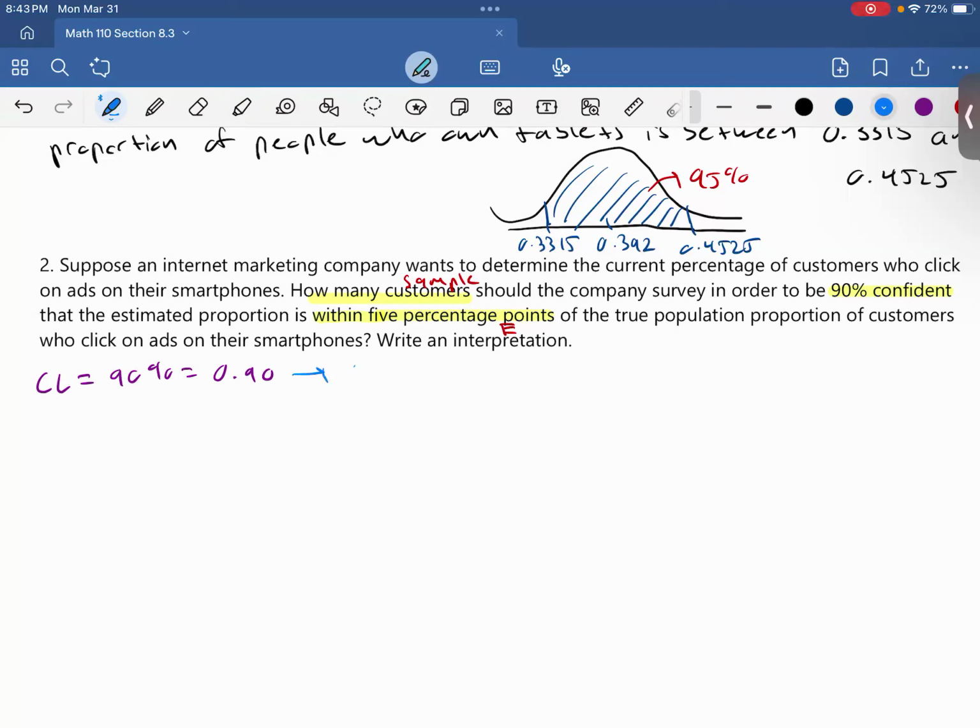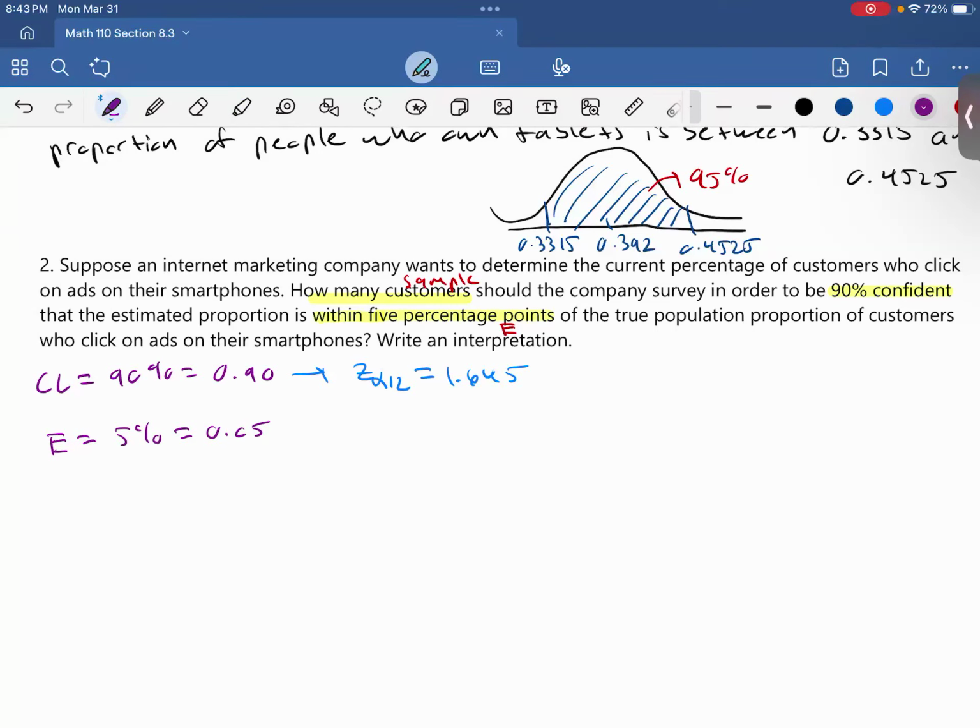This gives us a critical value of 1.645. So 1.645 is a critical value for a 90% confidence level. And then we have our error given to us, so within 5 percentage points. So error is 5%, and we need to turn that into a decimal, so 0.05.